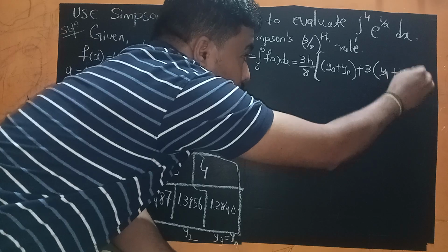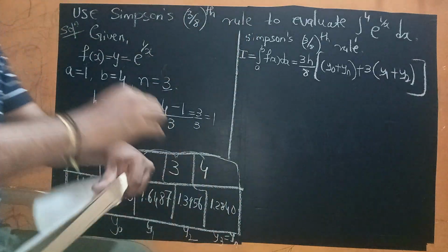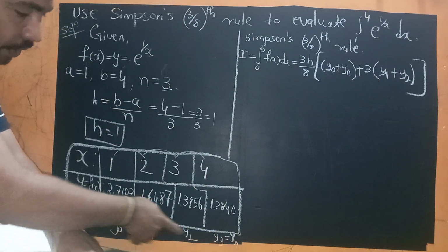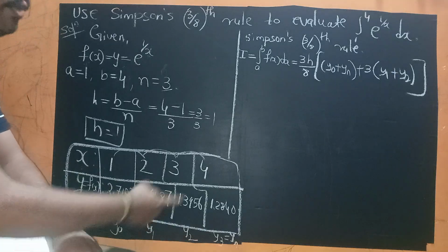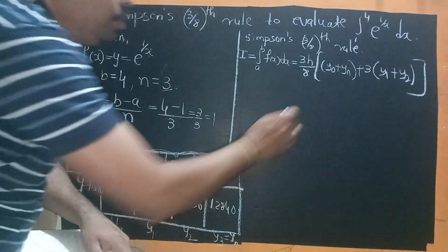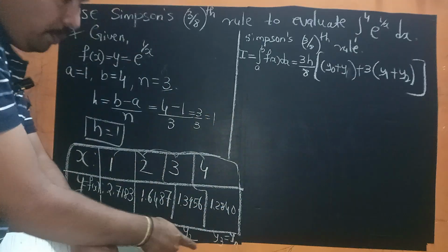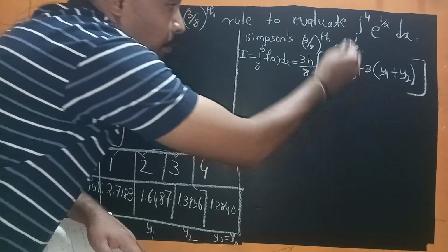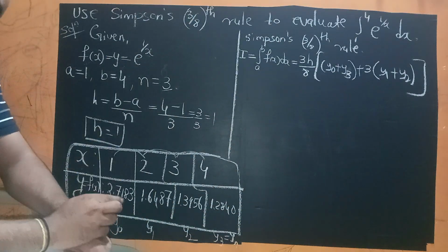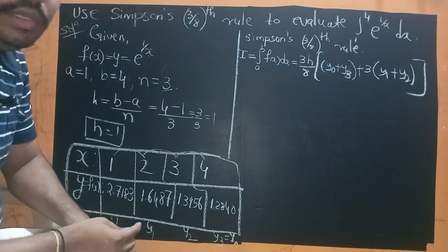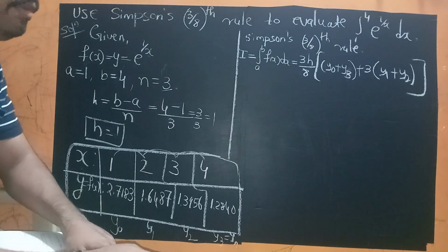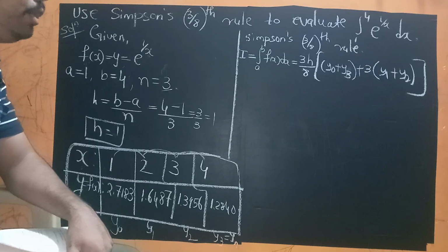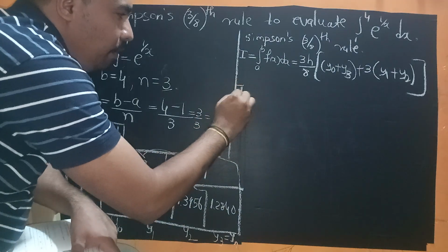As per the given data, we write the formula. Here yn is the last value, that is y3. I have already given the formula, and please refer to the first session, where I gave a detailed explanation of it. You just replace all the values in this formula.